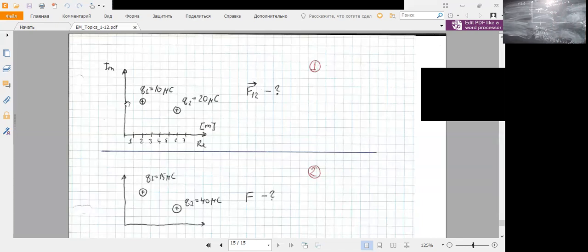Seems like this. The unit of this one is newton. 0.8 divided by 17 is approximately 0.1.